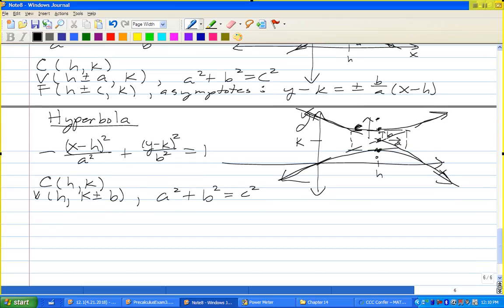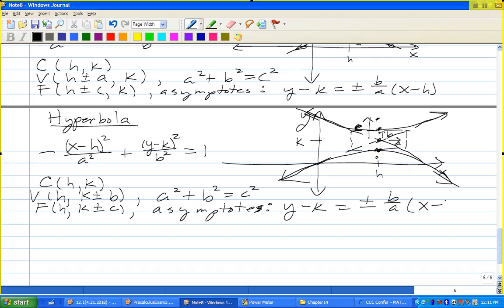The foci (h, k plus or minus c), the asymptotes y minus k equals plus or minus b over a times (x minus h). Okay, so those were all the equations for the hyperbola.